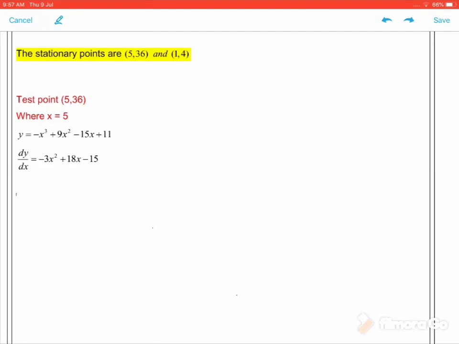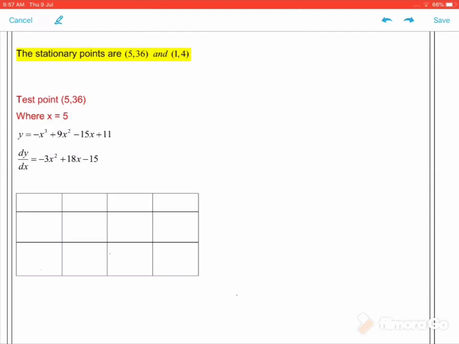Now we use the first derivative test. First of all, we draw a table. We label the first row x, the second one dy/dx, and then slope. We want to test at the point 5, so we put 5 in the middle column.